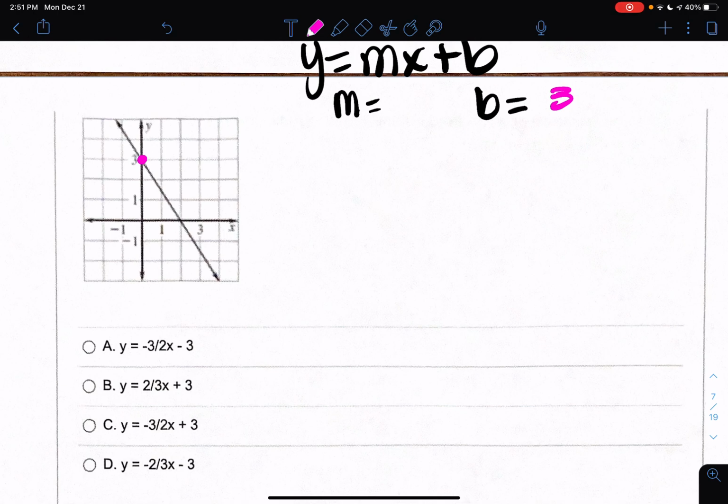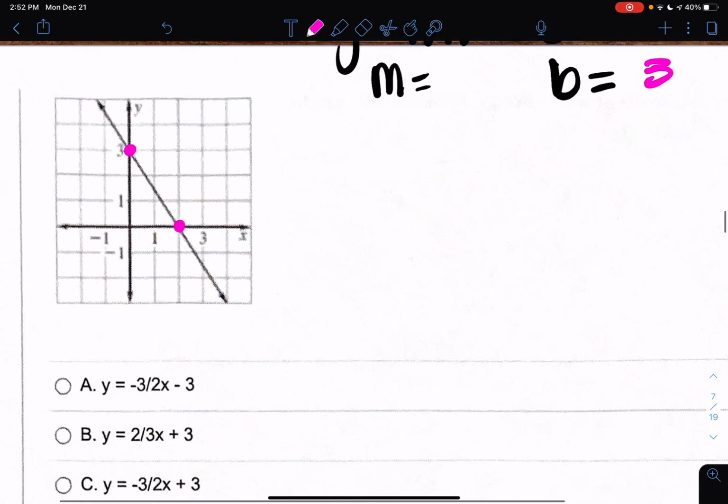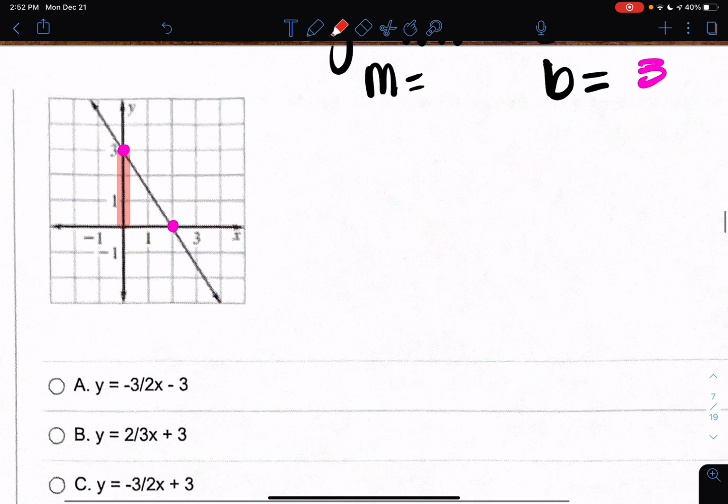And then looking at my slope, I can get 2 points and plug them into my formula, or I can use rise over run. I'm going to use rise over run. So looking at this, I'm going to go down 3 to get to the same level as my other point, and then I'm going to run 2. If I go down 3, remember that's a negative, and then to the right is a positive.